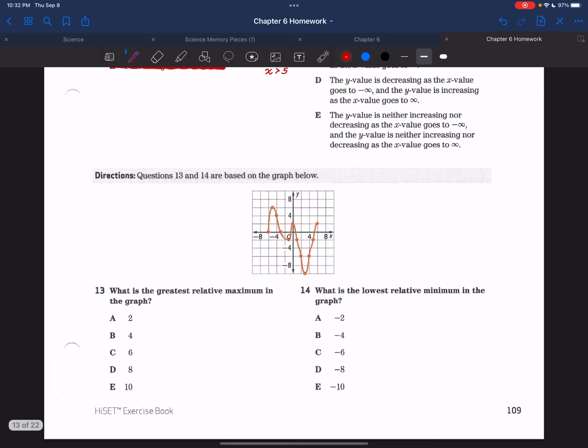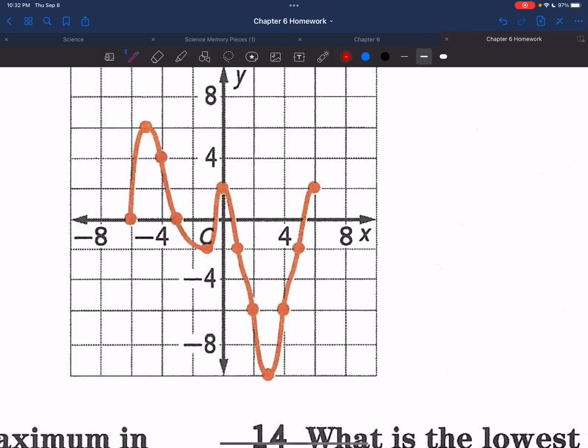Number 13 and number 14 are based on the graph below. Gracious, what a graph. But some things that jump out to me, first of all, it is not linear, and it is not quadratic. I do see a relative maximum there. I see a relative maximum there, and a relative maximum there.